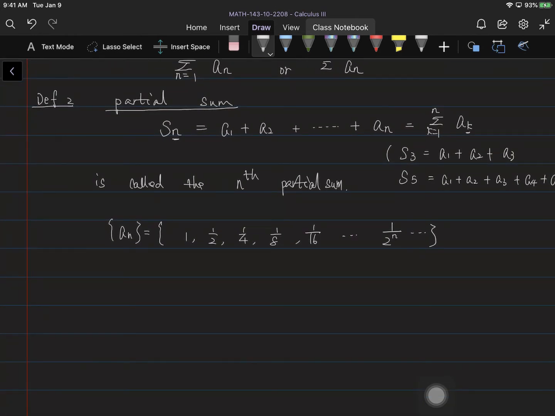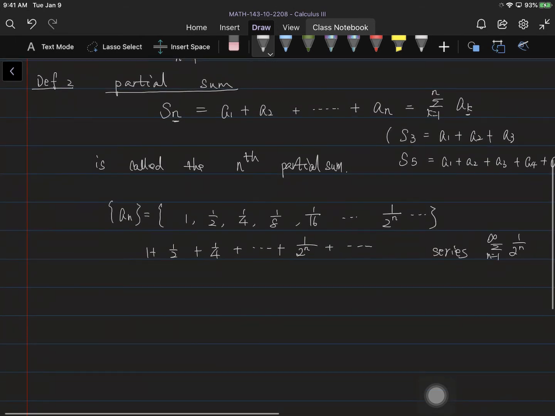And if we add all of them together, we get the series. Okay, this is the series. Or we can write down 1 over 2 to the n from 1 to infinity. This is the notation, right?